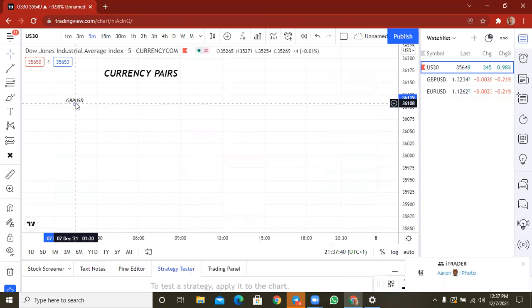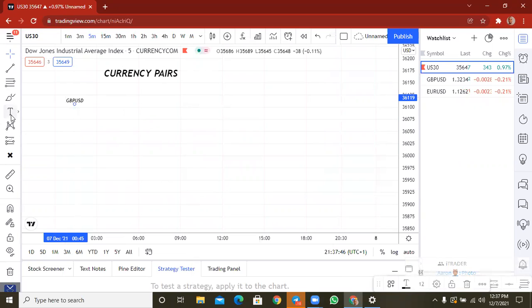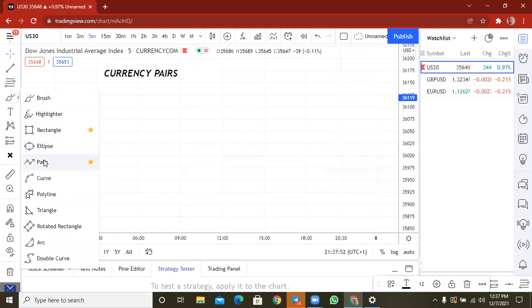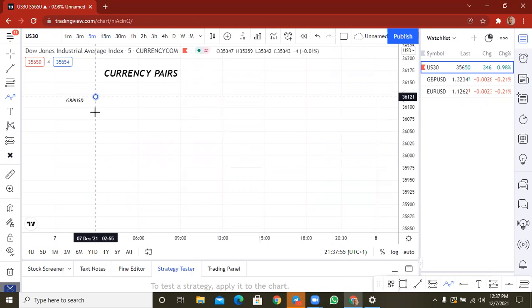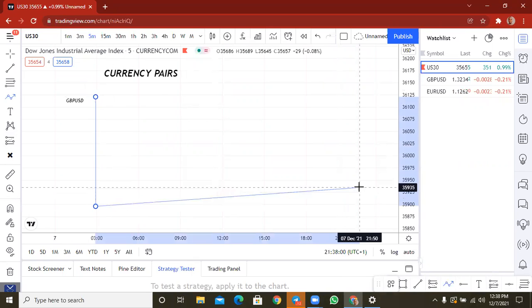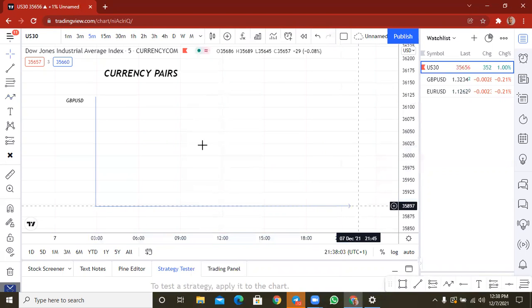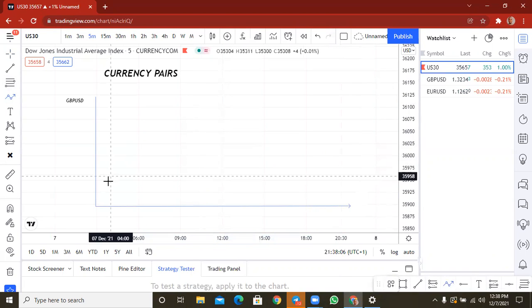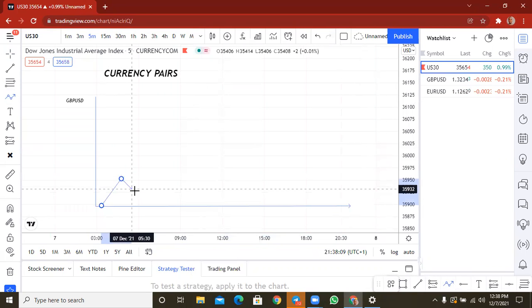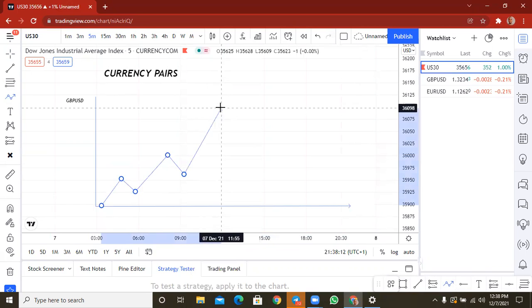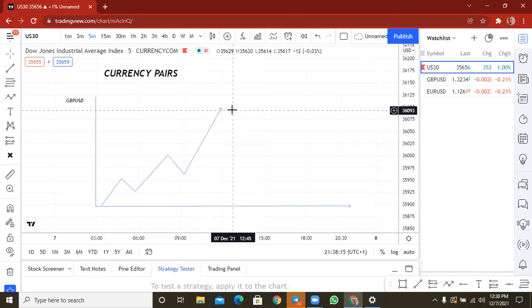Now, when you talk about GBP USD and you see a chart like this, most of us here went to secondary schools and we did graphs in school.